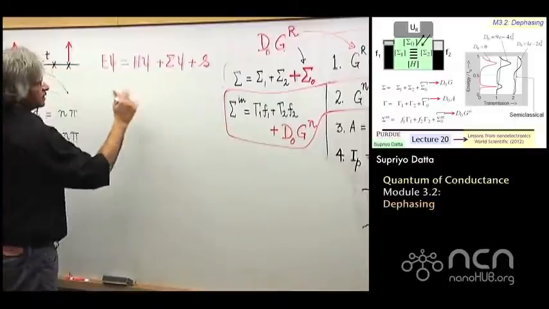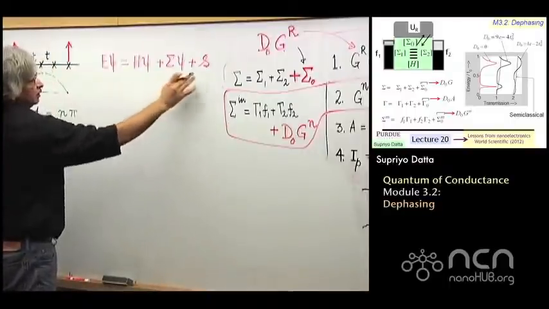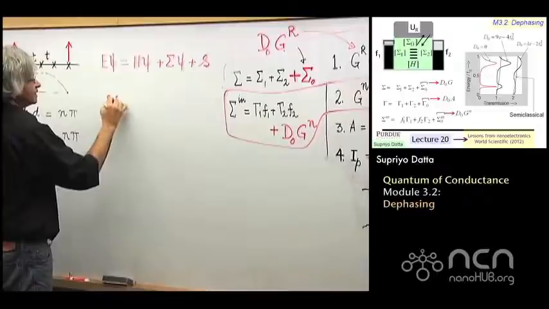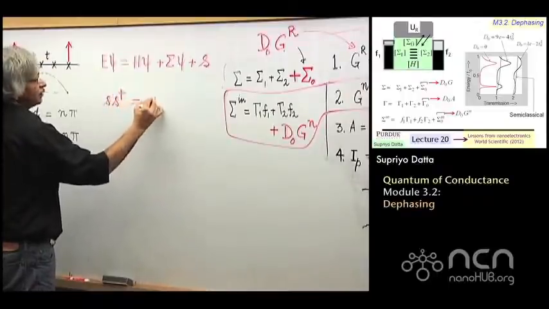And then the idea was that the strength of the source, SS dagger, is what we call sigma in.